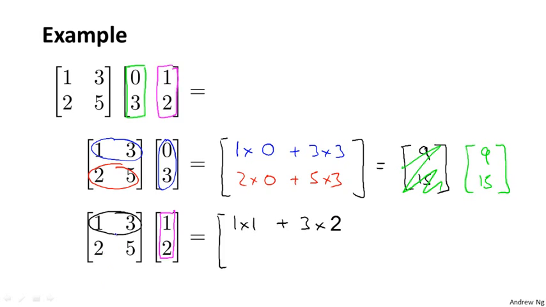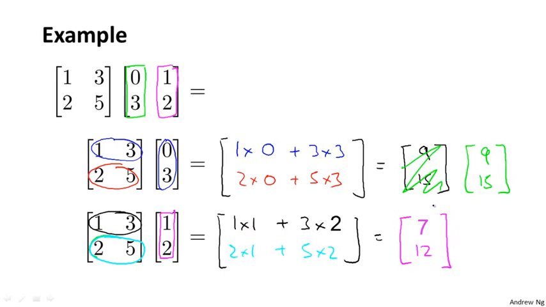And let's do the other one. That gives me 2 times 1 plus 5 times 2. And so that is going to be equal to 1 times 1 plus 3 times 2 is 7, sorry, 1 times 1 plus 3 times 1 is 4, and 2 times 1 plus 5 times 2 is 12.